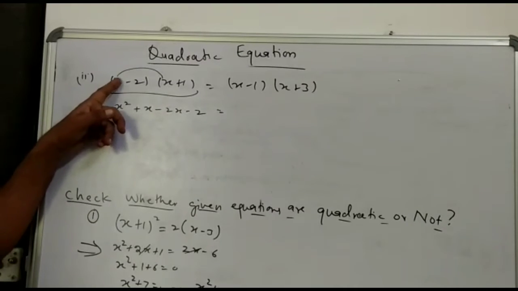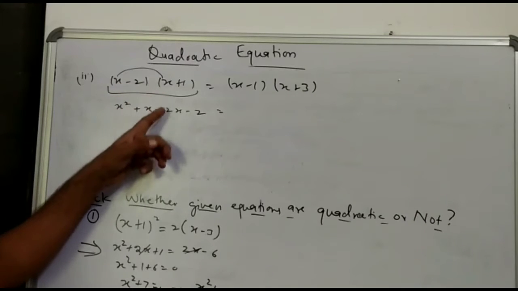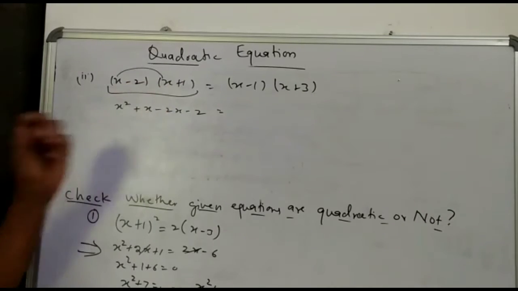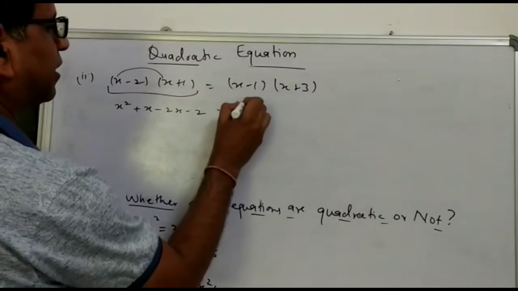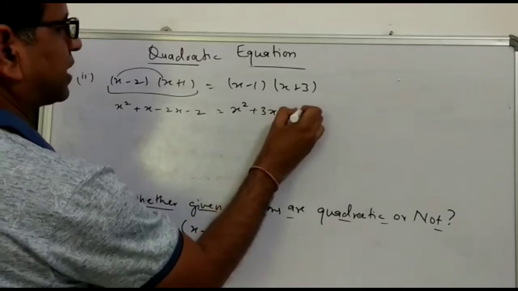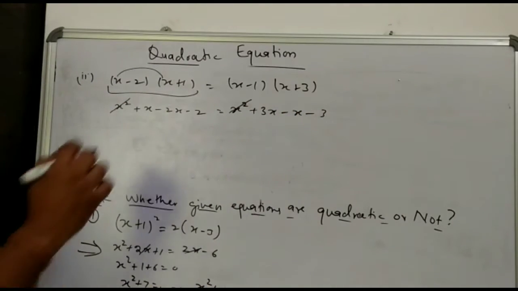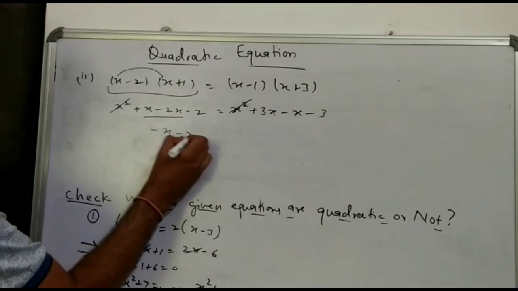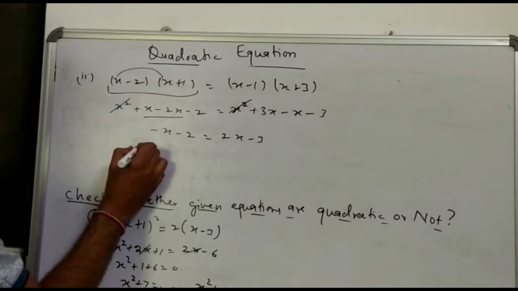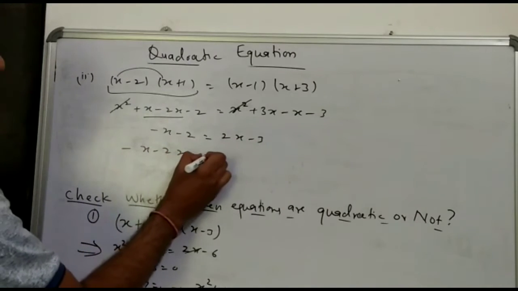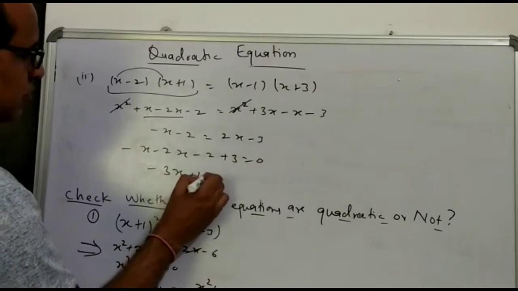When you open the bracket, x square, x and 1x, minus 2 and x, minus 2x and minus 2 and plus 1, it is minus 2. Similarly, if you multiply this side, x square plus 3x minus x minus 3. So this x square and x square cancelled here, and this will be minus x minus 2 and this side 2x minus 3. If I transfer this side, it is x minus 2x minus 2 plus 3. So it is minus 3x plus 1 equals to 0.